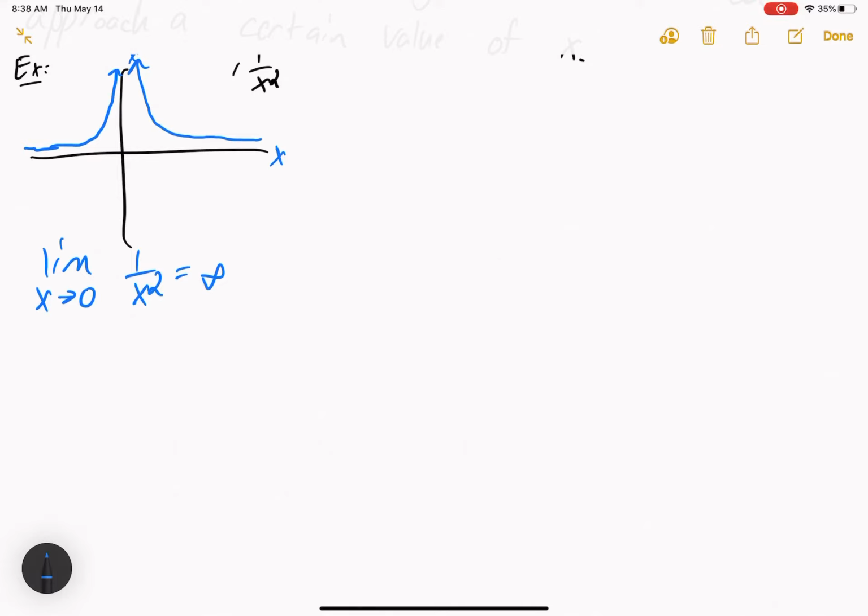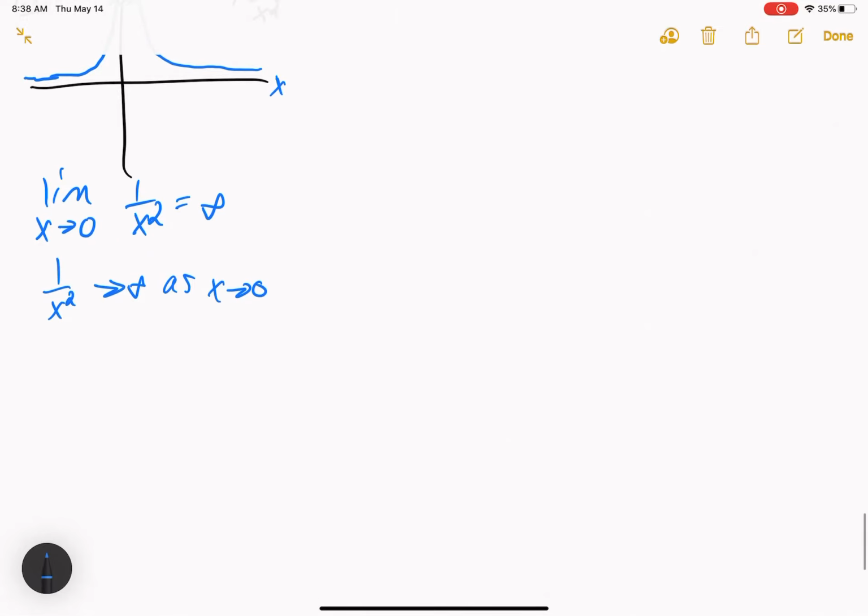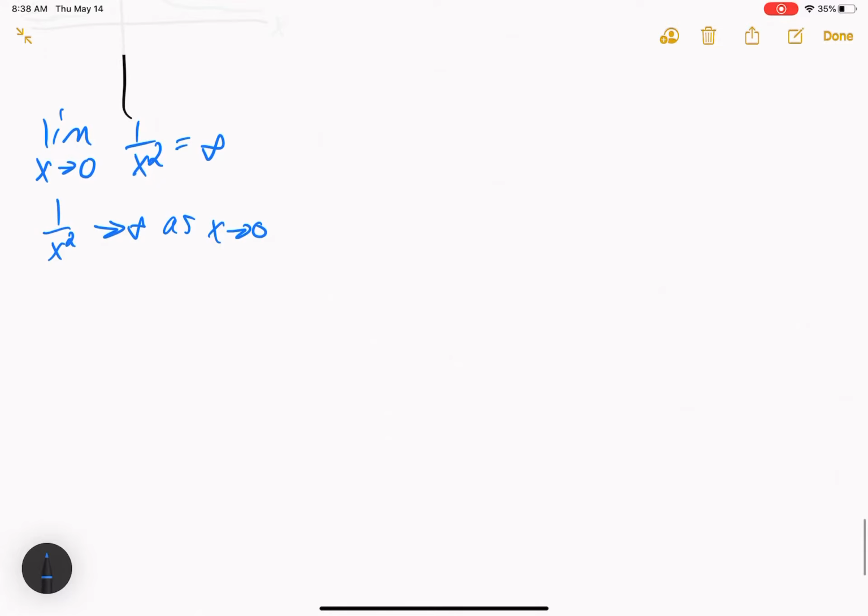And again, with notation as we said earlier, we say 1 over x squared goes to infinity as x goes to 0. Or another way of saying that, because earlier we said we can make f of x sufficiently close to something depending on x, here we're going to say 1 over x squared increases without bound as x goes to 0.